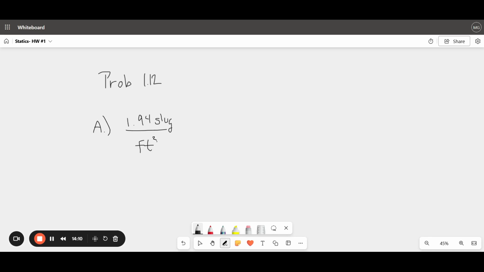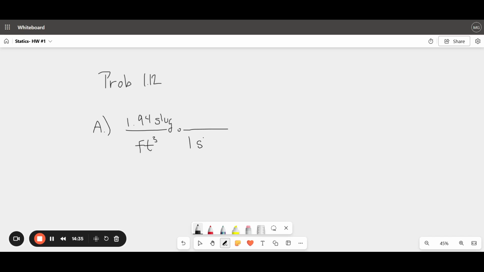So I was given 1.94 slugs over feet cubed. The first thing that you're going to notice is that you can't cancel out both these units to get into metric units. So you're going to have to cancel parts of this first, and then that's going to get you to the final answer.